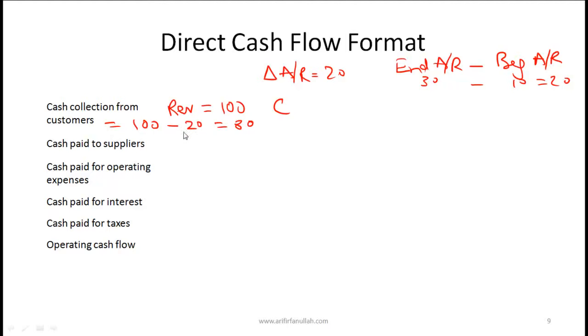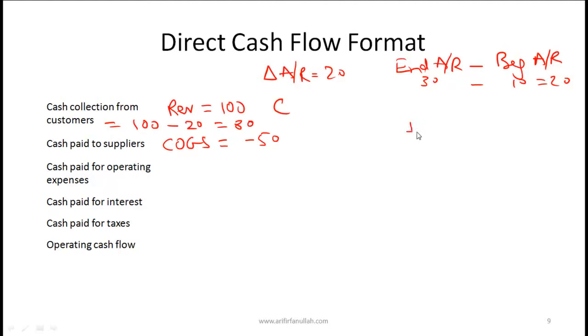The cash paid to suppliers has two parts. So with cash paid to suppliers, you first look at cost of goods sold. So this would be COGS, which you get from your income statement. And remember that COGS is an expense. So let's say that COGS is 50. Let's take this as a negative, because cost of goods sold is money out. And then the two items that you look at for cash paid to suppliers, the first item is inventory.